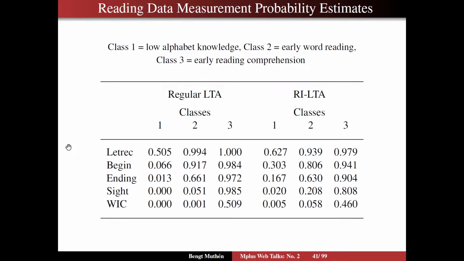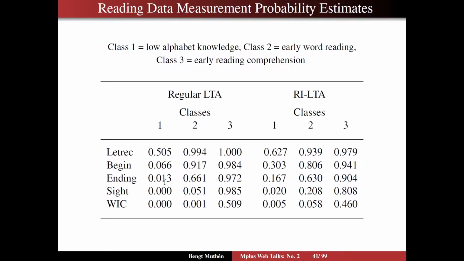So let's take a look at the estimates from the two models and see how they differ. First we start with the measurement probabilities for the 3 classes, regular LTA and RI-LTA. We have the 5 binary latent class indicators here, and we remember this pattern from segment 2, going through the example.